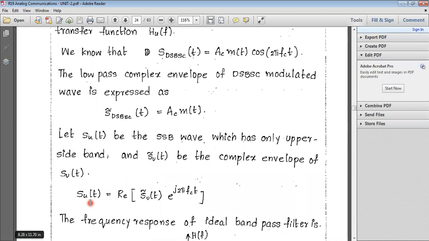So this is the SSB signal representation: Su of t equals the real part of the complex envelope of Su of t into e power j 2 pi fc t. Highlight this expression.